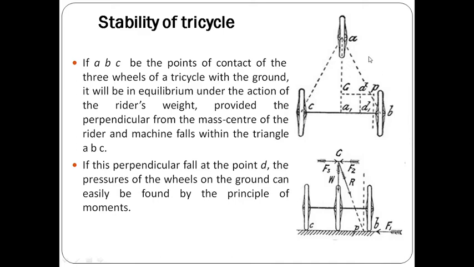If this perpendicular falls at the point D, because it's a triangle, and maybe because of the frame construction, we can add the weight of the frame in this analysis. If the perpendicular of weight falls at the point D, the pressure of the wheels on the ground can be easily found by the principle of moments.